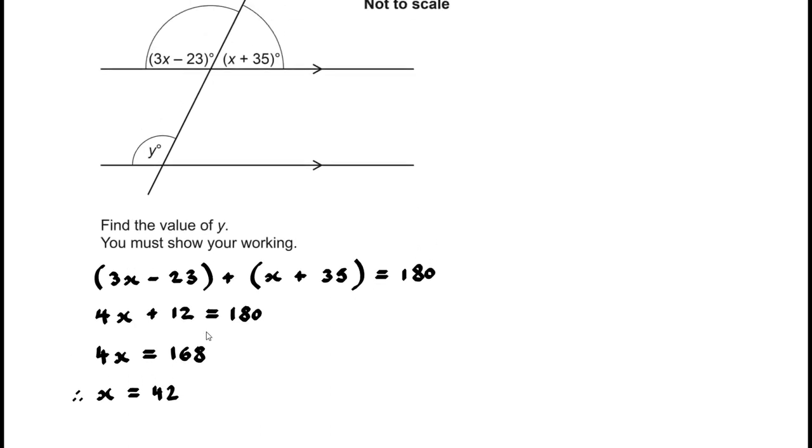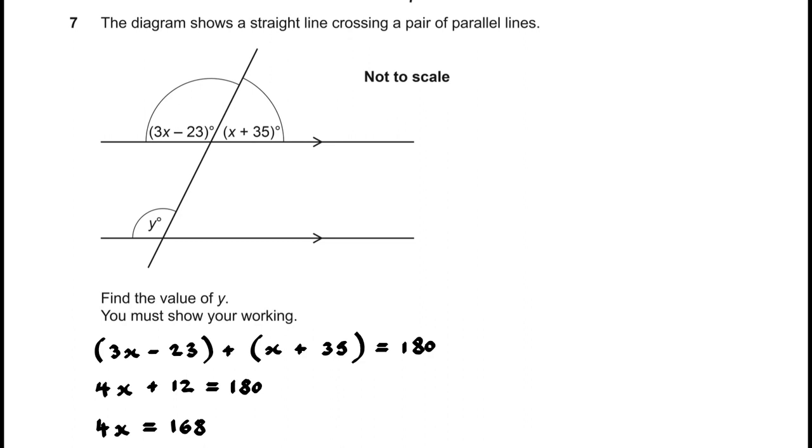42. So if x is equal to 42, we can use this to find out what this angle here is. We've got 3 times by 42, and then subtracting 23 from that, we get 103.